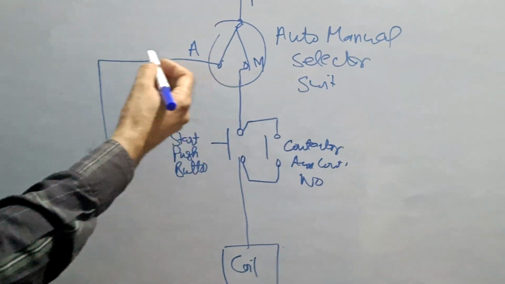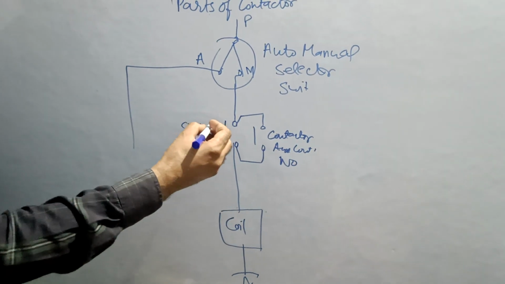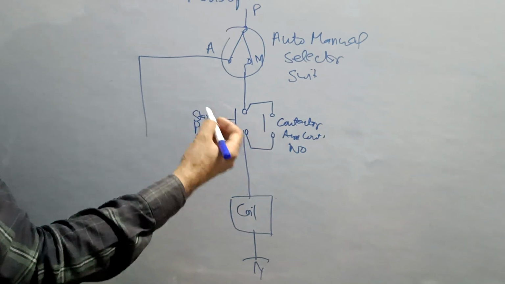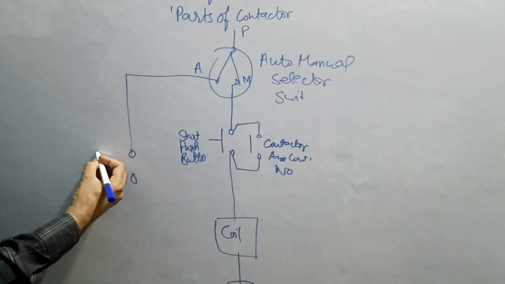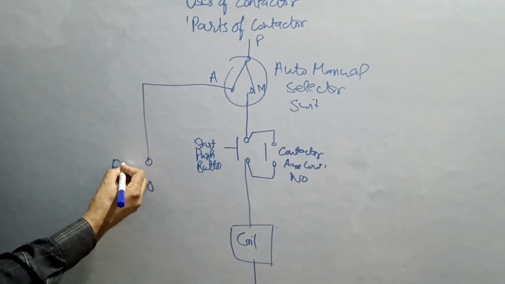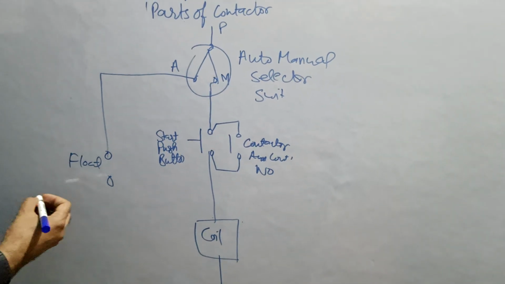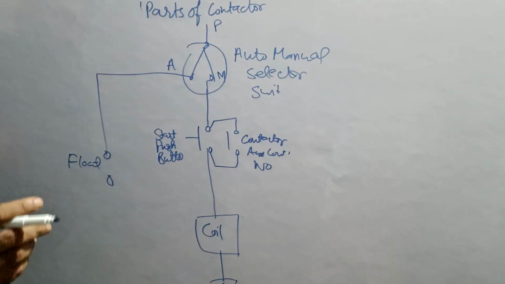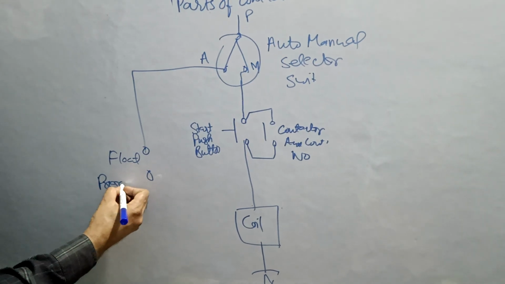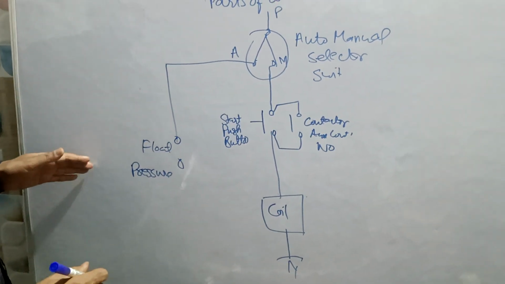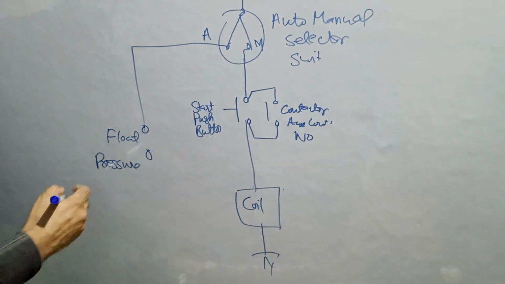In auto mode, we require to bypass this phase directly to the coil, where there is no need of start push button, stop push button, and this phase will go through float switch if I am using the motor in our sump pump, or if I am using the motor to maintain the pressure of a building, then I will put here pressure switch, so that when the pressure goes low, this will automatically start the motor.